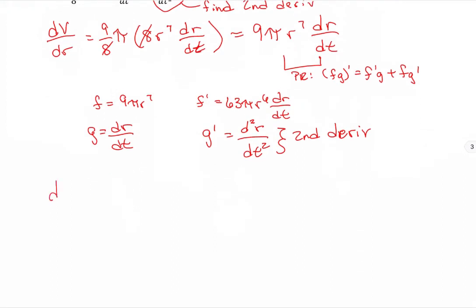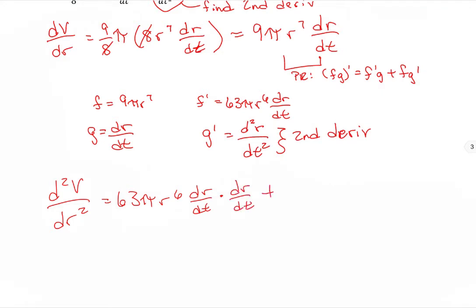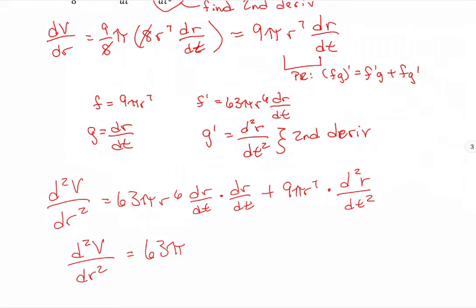So that means that to find the second derivative of the volume with respect to the radius equals 63 pi r to the 6th dr/dt times g, which is dr/dt, plus f, which is 9 pi r to the 7th times d squared r over dt squared.